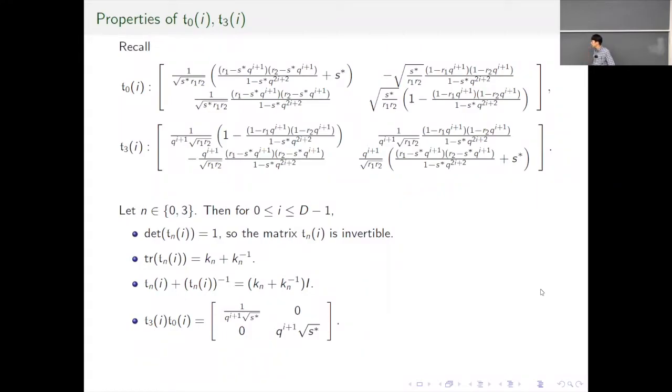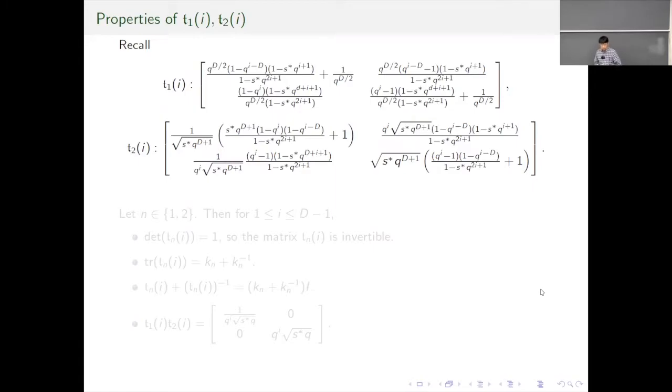So it tells us that each matrix Tni is invertible. Further, when we find the trace of each 2 by 2 matrix, it ends up being Kn plus Kn inverse. Routinely, this is very straightforward. Also Tni plus Tni inverse is equal to Kn plus Kn inverse times the 2 by 2 identity matrix. When we multiply T3i and T naught i, we have a diagonal matrix.